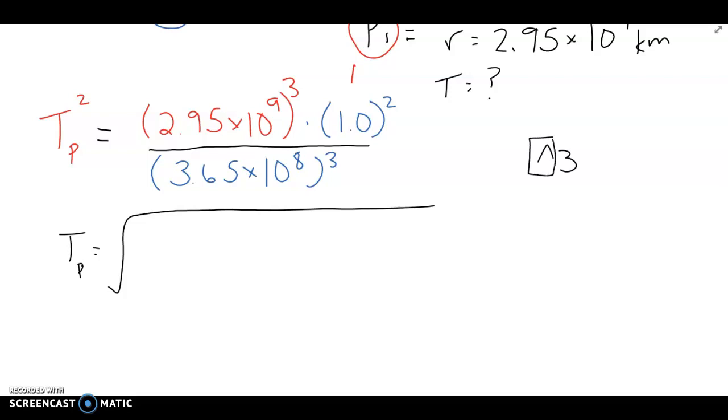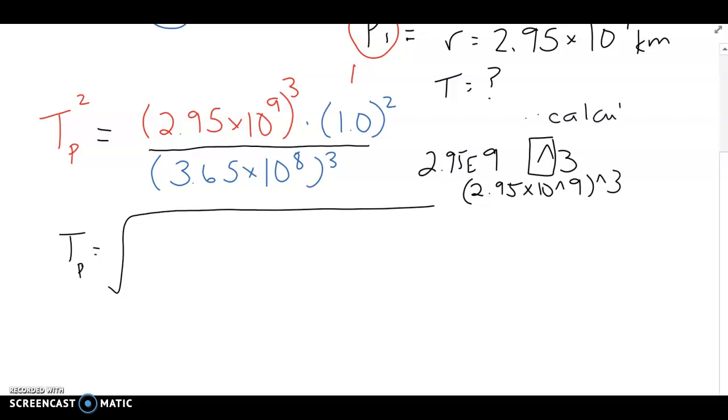That's the little button on your calculator, so it's going to be 2.95 E9, or 2.95 times 10 to the 9th in parentheses to the 3rd. If you don't do one of these two things in your calculator, you're going to have an awful time trying to get these numbers correct.